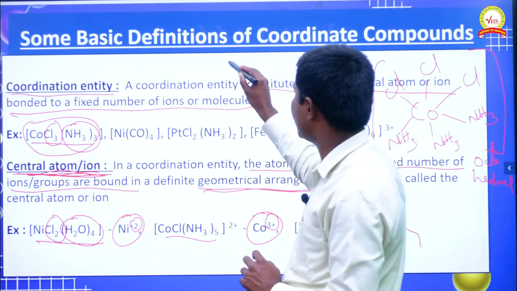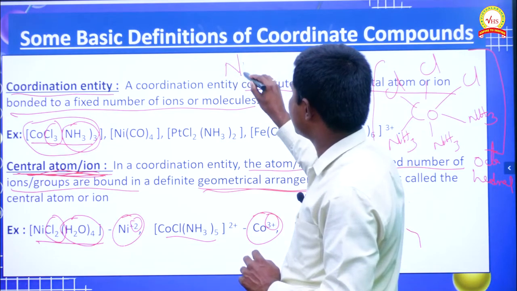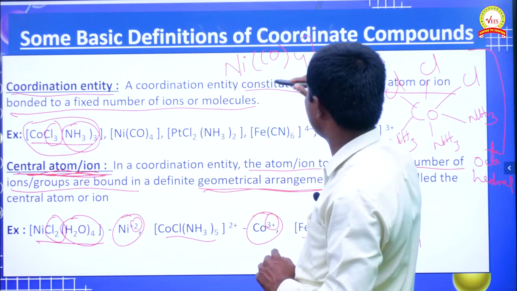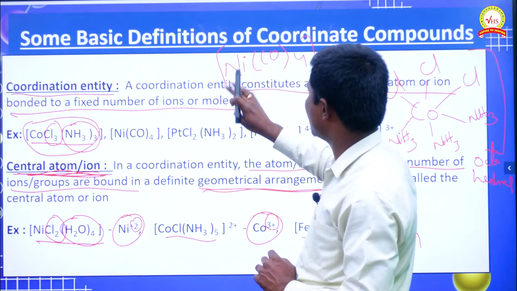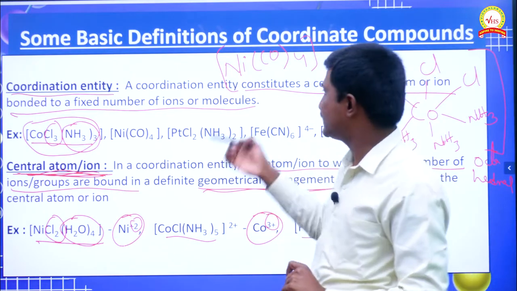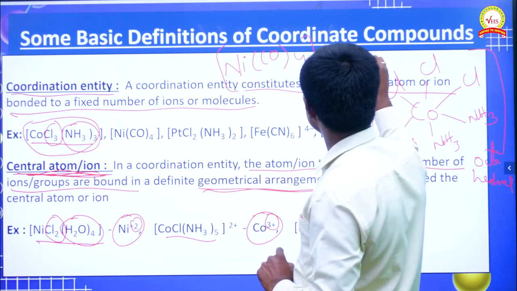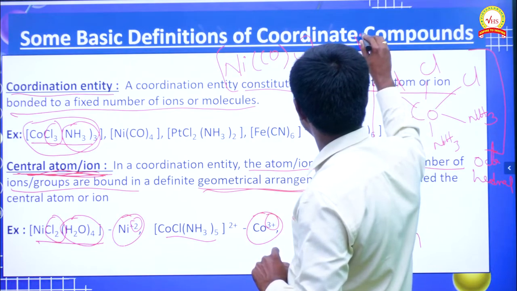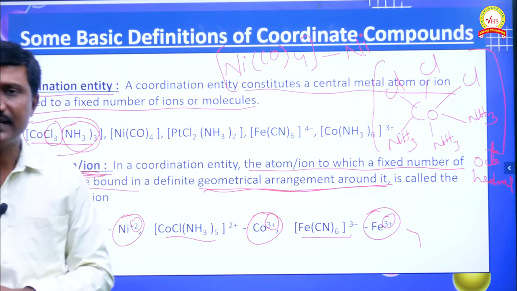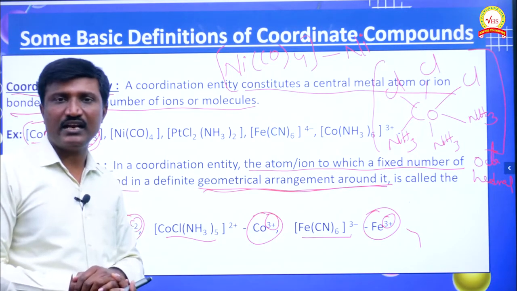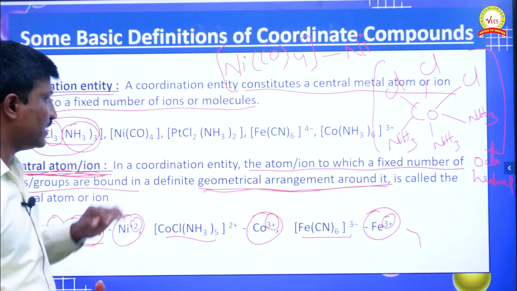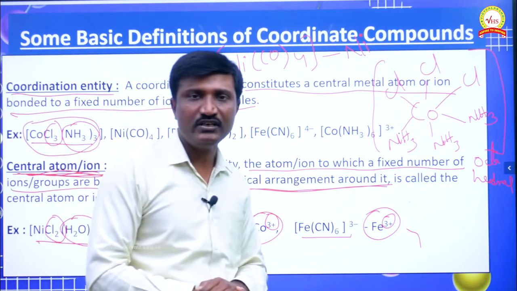For example, if I take Ni(CO)4 or Ni(CO)5, in this complex compound nickel is present in the 0 state, so that nickel is the central atom, not central ion. Central metal atom, not central metal ion.